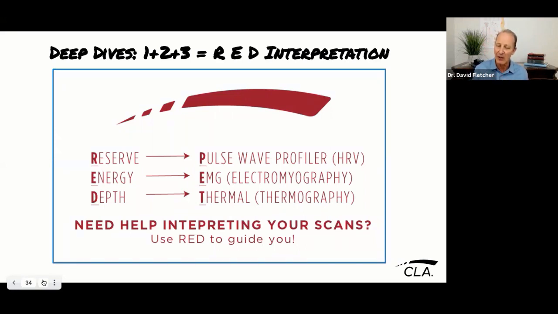And we then want to look at the depth of change of the neural dysfunction or reorganizing function by looking at thermography, which tends to look at the regulation of the end organs, if you will. So by the time we've looked at the reserve, looked at the energy expenditures, and now we're setting ourselves up to look at the depth of change, we have the ability to understand the impact of vertebral subluxations, but most importantly, adjustments on the health and life of the patient.